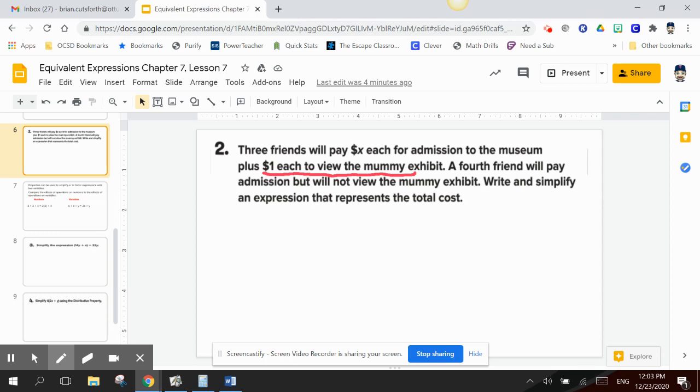So I have 3 times the number of dollars it costs to get into the museum plus $1. And then I have to add one more person that's coming in, because that's the 4th person. And they're only going to get into the museum and not do the mummy exhibit. So I do not have to pay an extra $1 for this person.